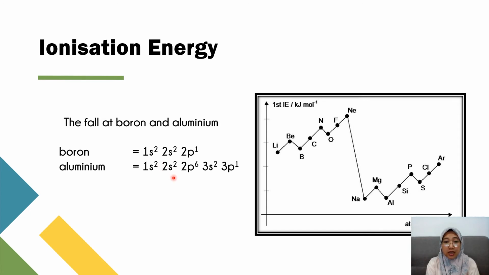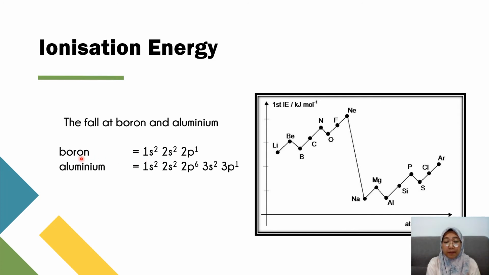So here, okay, kalau kita tengok compare boron dengan beryllium. Kalau beryllium, dia ada 4 protons. Okay, jadi untuk beryllium, the electronic configuration is 1s2 2s2.